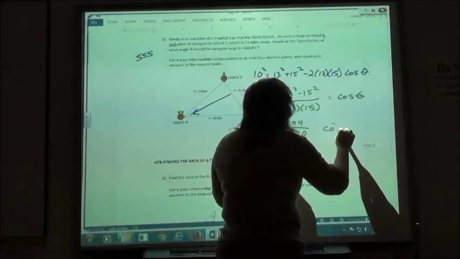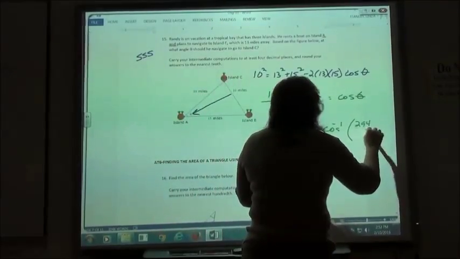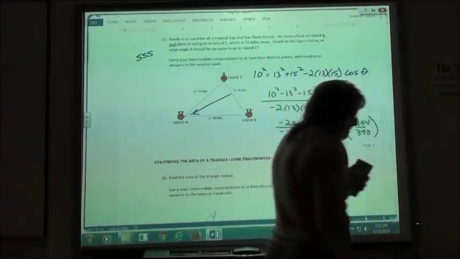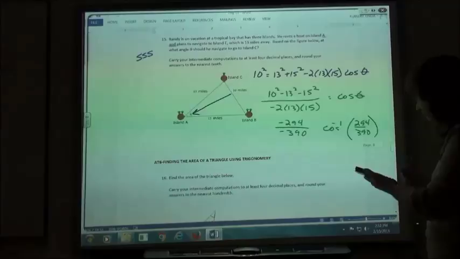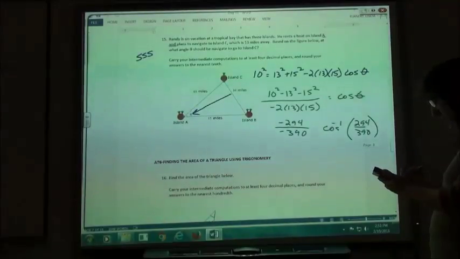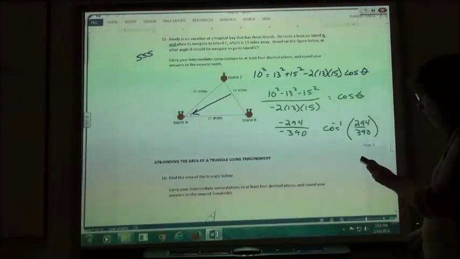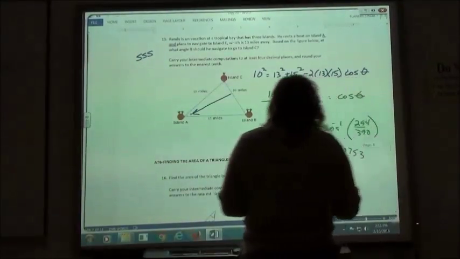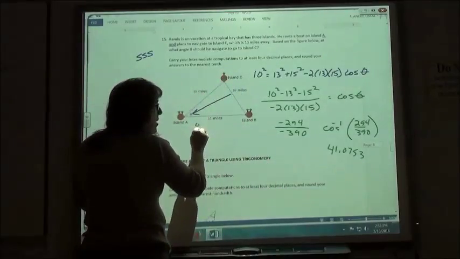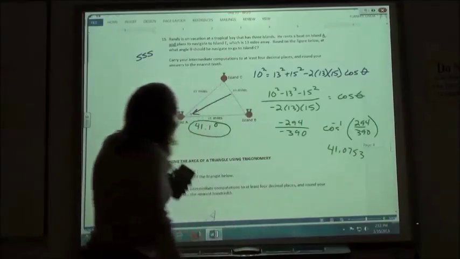We're going to do the inverse cosine. This is a negative over a negative, so of 294 over 390. So if I do inverse cosine, parentheses, 294 divided by 390, I get 41.0753. So rounding that off, I would have 41.1 degrees for my measure for angle A.